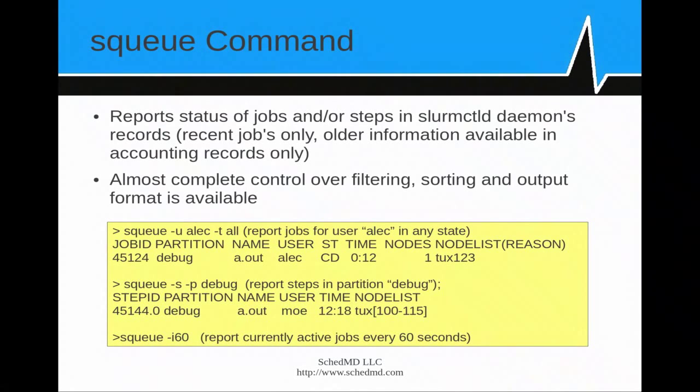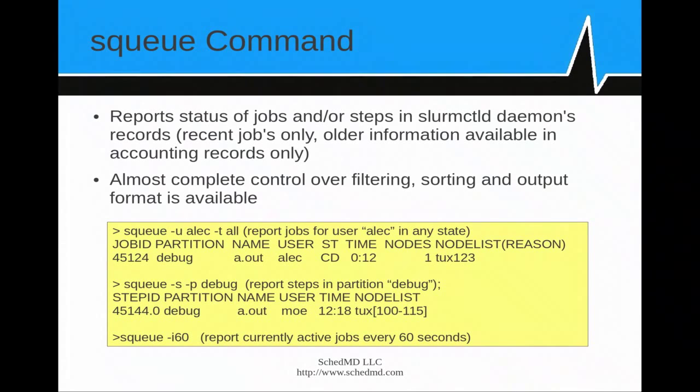squeue gives you information about your jobs or your job steps. The example here is to print information about jobs in the queue belonging to a user Alec. That's what the -u is.